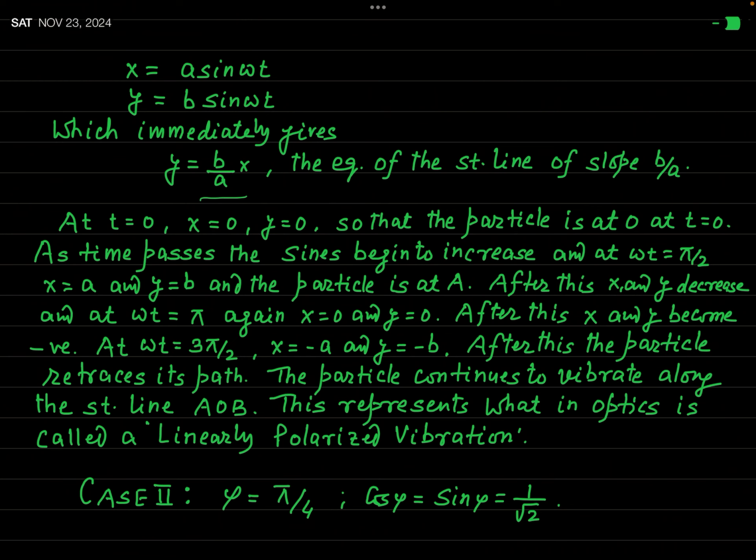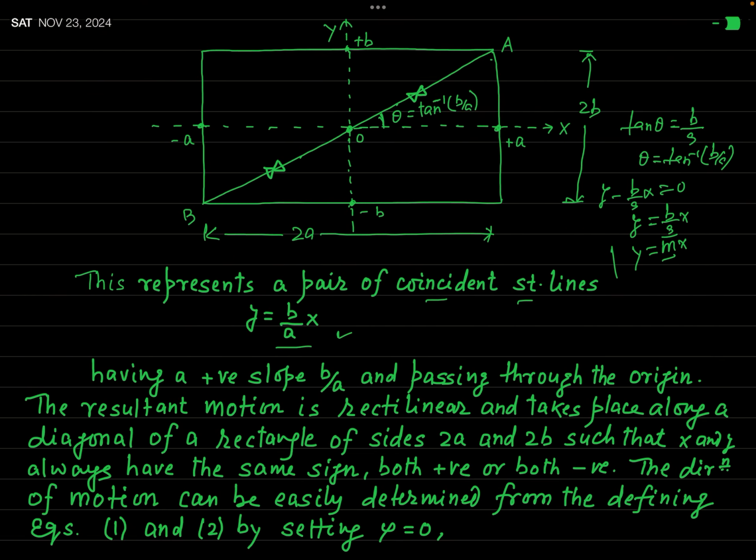You can see from here, when we take t equal to 0, then sine omega t will be 0, and therefore both x and y will be 0. So at zero time, the particle is at this point O. But as the time increases, the value of omega t will increase, which implies that the value of sine omega t will increase.